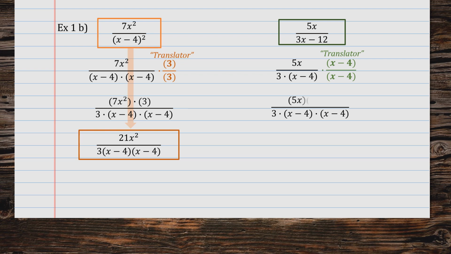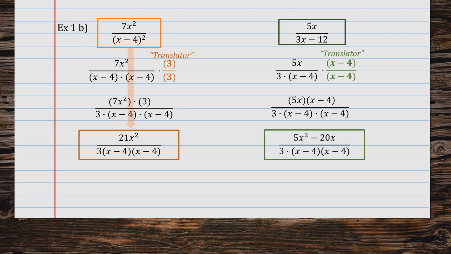And so in the numerator you have 5x times x minus 4, which means we can distribute that 5x to become 5x squared minus 20x all over 3 times x minus 4 times x minus 4. And again, these are equivalent fractions. They're the same value, they just look a little different. Now the two fractions we have at the bottom are speaking the same language, meaning we could, if we wanted to, add or subtract these two fractions.